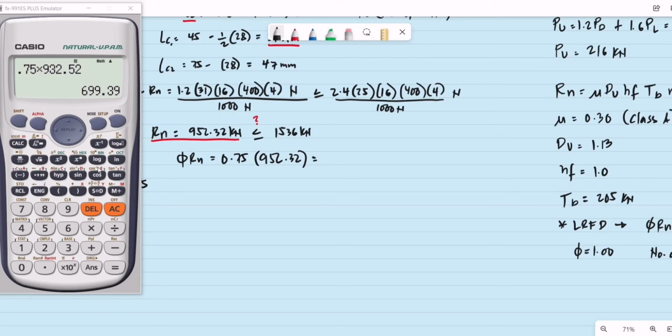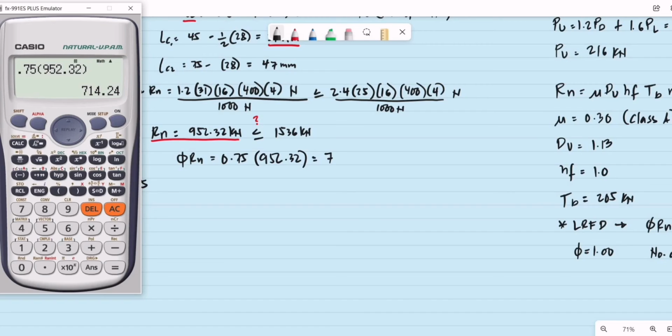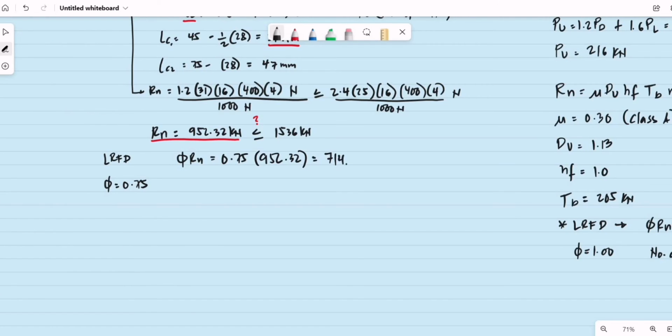Or correction, that is 952, not 932. So we have 0.75 multiplied by 952.32. That is 714.24. So you have the design bearing strength, 714.24 kilonewtons.